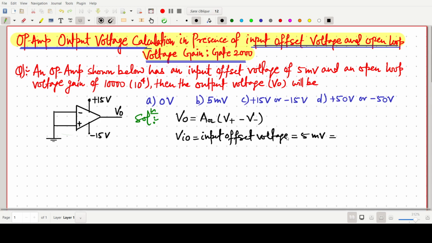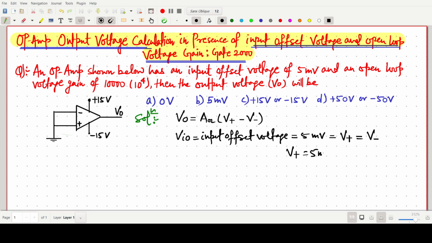This input offset voltage may be either on the V plus side or the V minus side. We can't show it on any one of the input terminals. The V plus may be 5 millivolt, or simply the V minus is 5 millivolt.